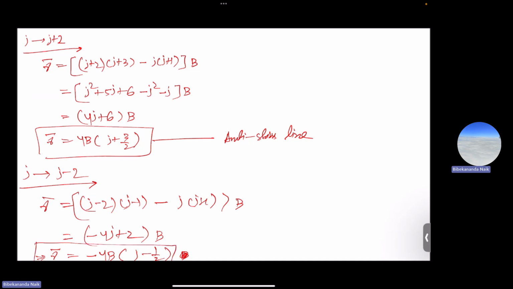So this is the expression for the wave number shift in the Stokes line.